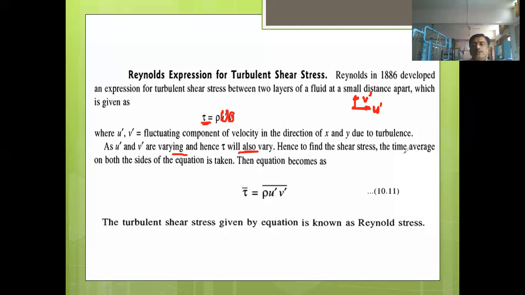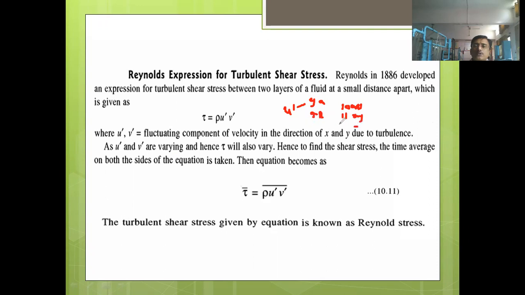Hence, to find the shear stress, the time average on both sides of the equation is taken, because it is continuously fluctuating. So the average velocity is computed by time averaging. For example, u dash at a particular time, at 9 AM, is let us say 10 meter per second, and just after, at 9:01, it will be 11 meter per second.